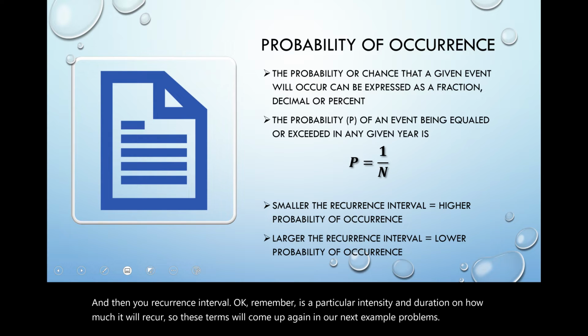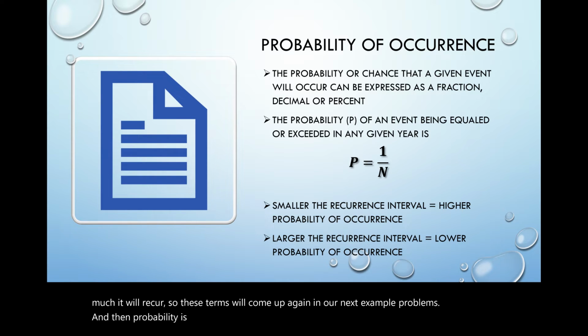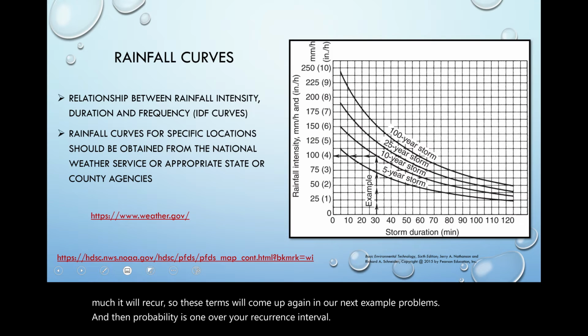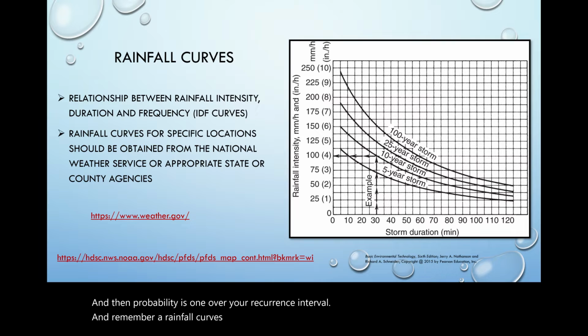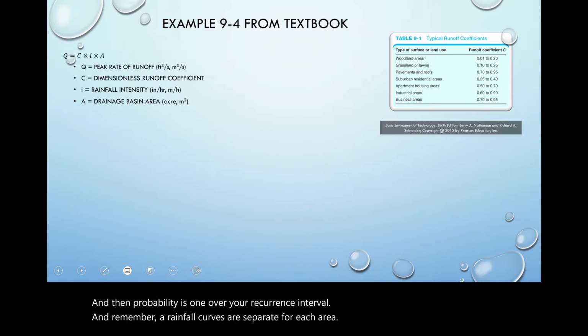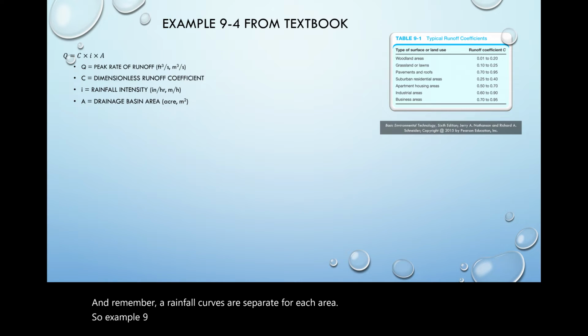And then probability is 1 over your recurrence interval. Okay. And remember, our rainfall curves are separate for each area. Okay. So example 9.4 from your textbook.